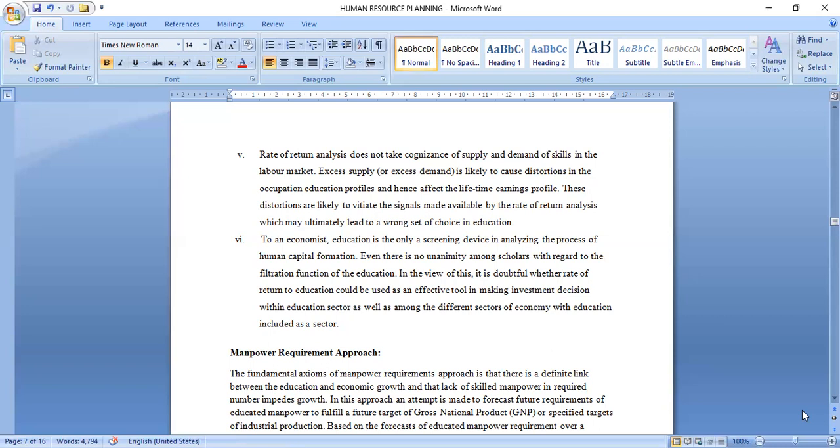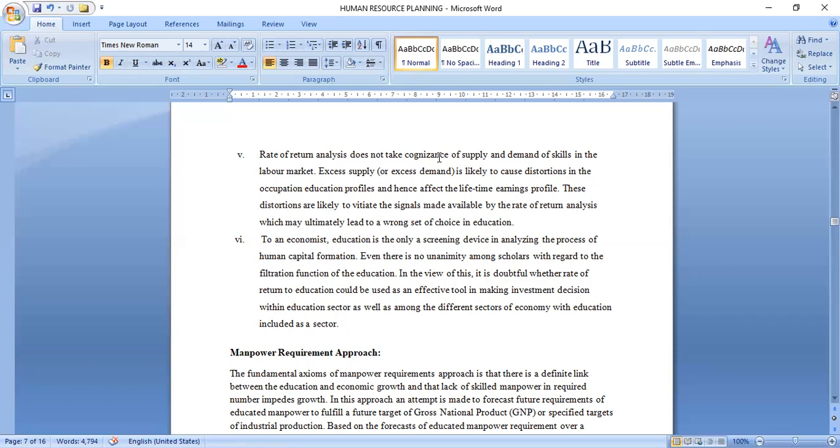So with this rate of return approach of education planning, it is one thing to calculate figures and know that when the government invests in the education sector, the number of educated citizens will increase, and they will be productive to the economy.